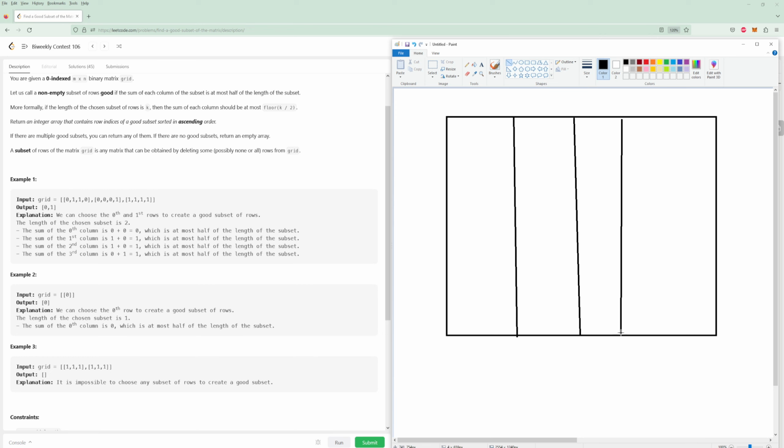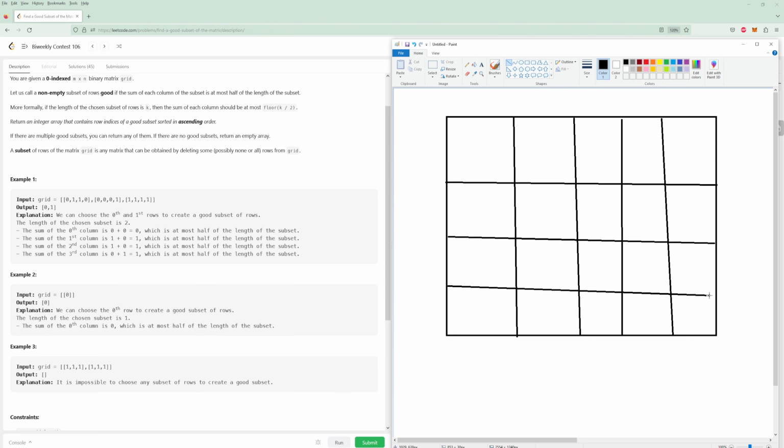So we'll just have 4 rows. Okay, the simple solution, like I said, is where you have one row where all of the numbers in the entire row are zeros, and that would be a length 1 subset.